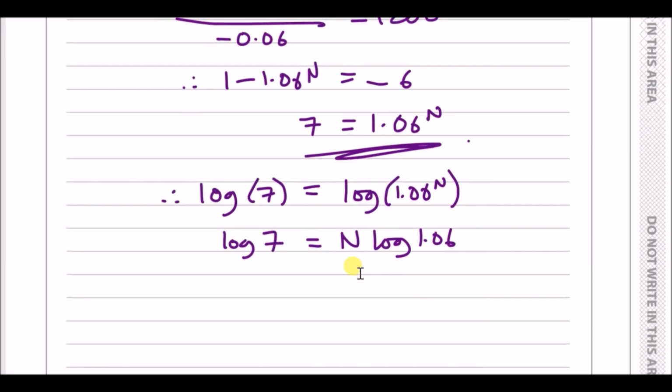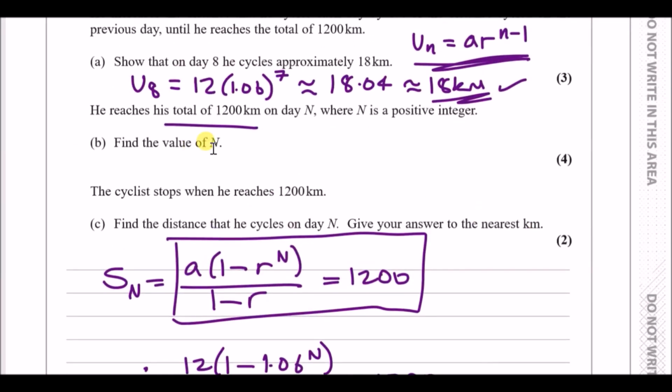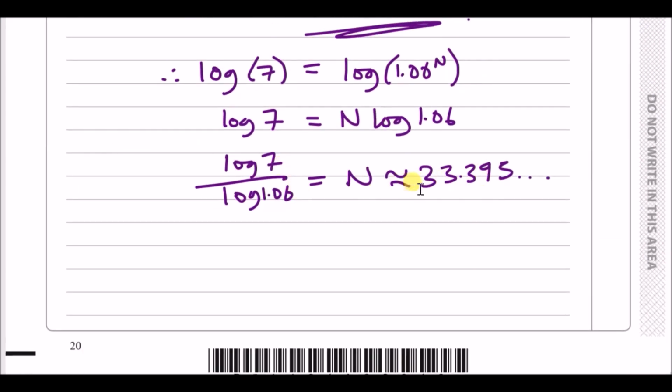And finally, just divide log 1.06 across, so you're going to have log 7 over log 1.06, and it should equal n. And in your calculator, you're going to get approximately 33.395..., and what it says here, you want to find a positive integer. Because this counts as days, this is like saying 33.39 days. And you're basically on the next day, so this is more or less the 34th day, but early on. So you're on the 34th day. And that's it, so n is 34.